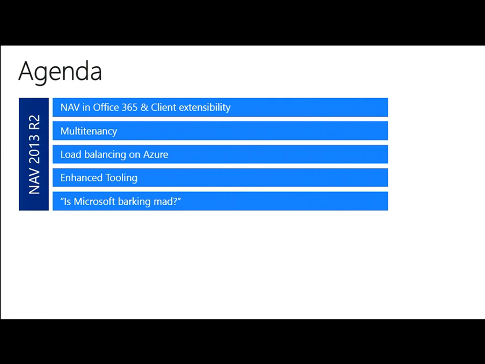We basically split the agenda in 2, and Thomas and I are going to ping pong around these. First we'll start with the R2 release, where we're going to look at the Office 365 integration and also how we can extend the clients we have, not just the Windows client, but both clients. We're going to talk about multi-tenancy, and then briefly about Azure. Even though Azure is cloud, Azure is sort of the color of the ocean, and the labs are in containers, but it doesn't matter, still cloud.